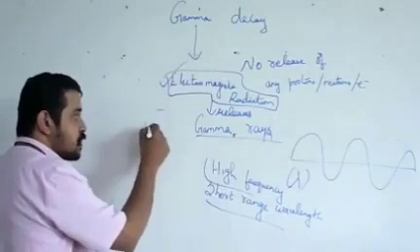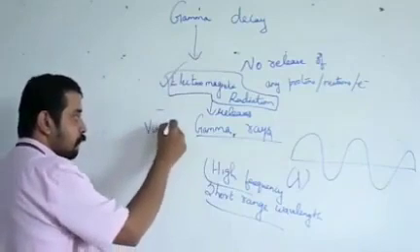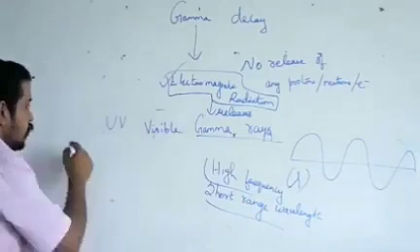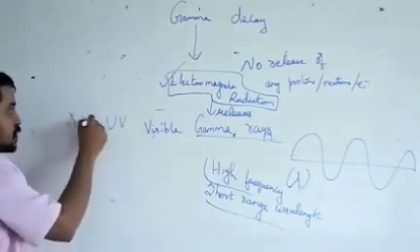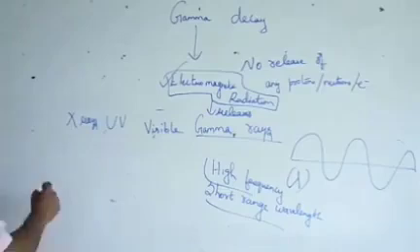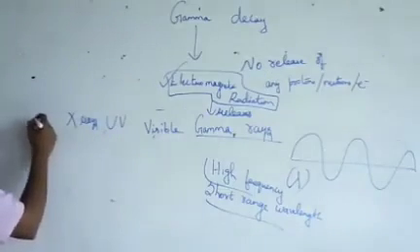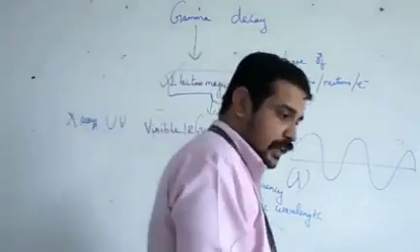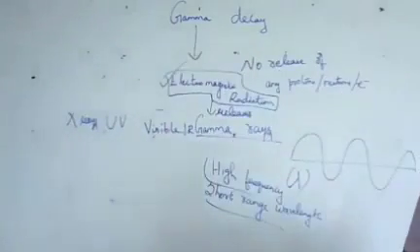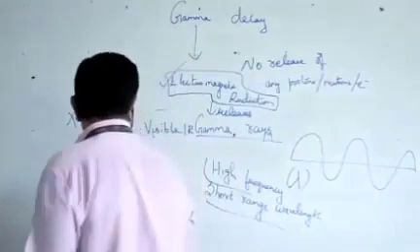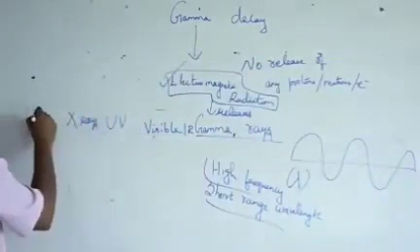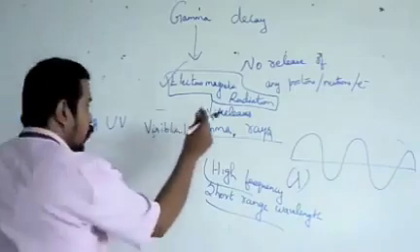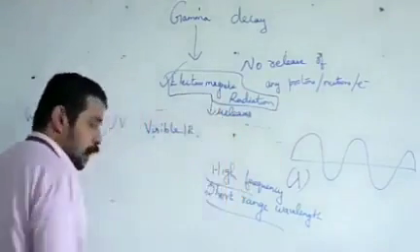It also has the visible range. It also has ultraviolet rays. It also has X-rays. It also has infrared rays, something like this, and your gamma rays come here.